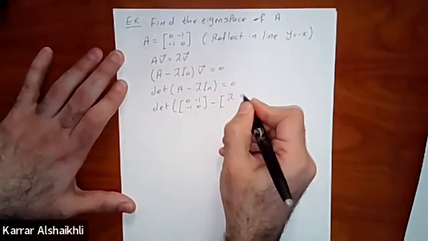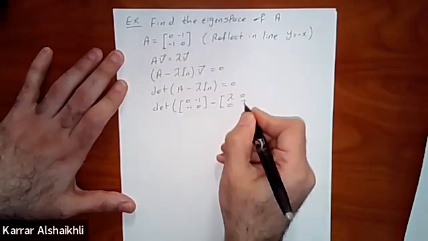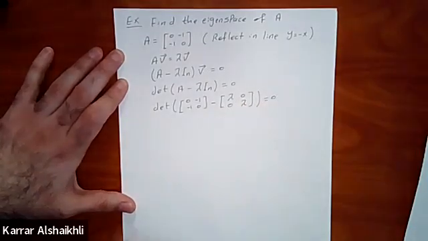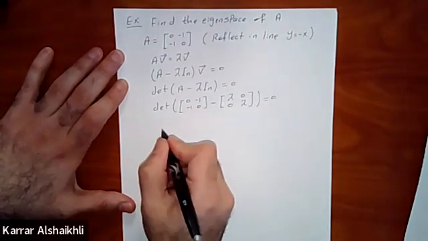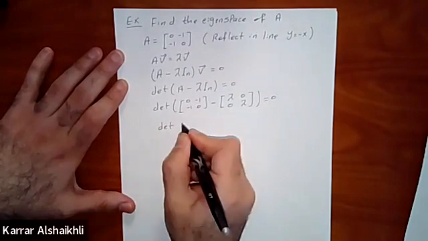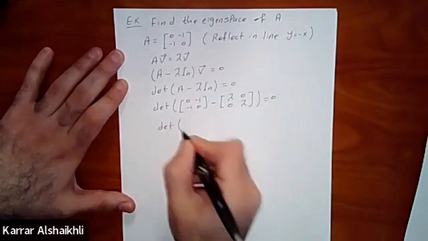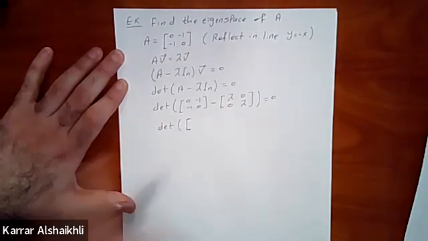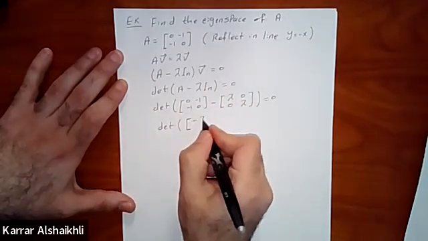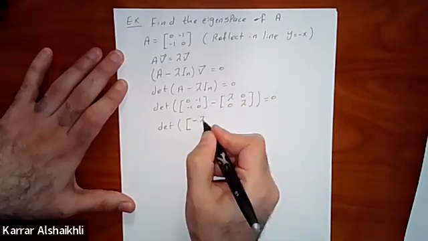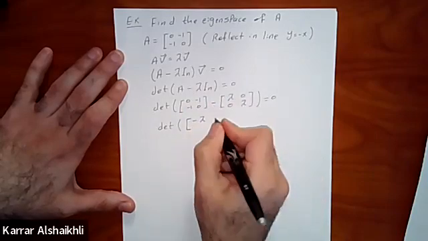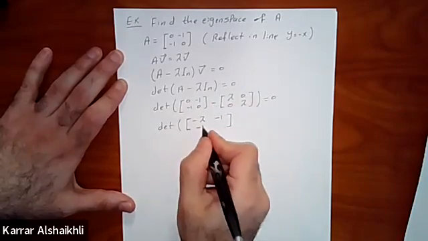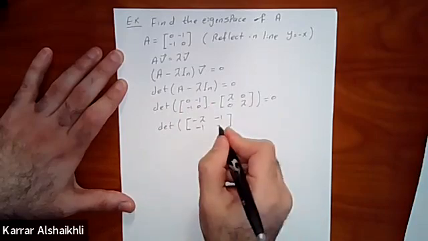So lambda 0, 0, lambda, everything equals 0. That means this one is going to be the determinant of the matrix 0 minus lambda, so it will be negative lambda here, negative 1 minus 0, and also here negative 1, and here negative lambda, equals 0.